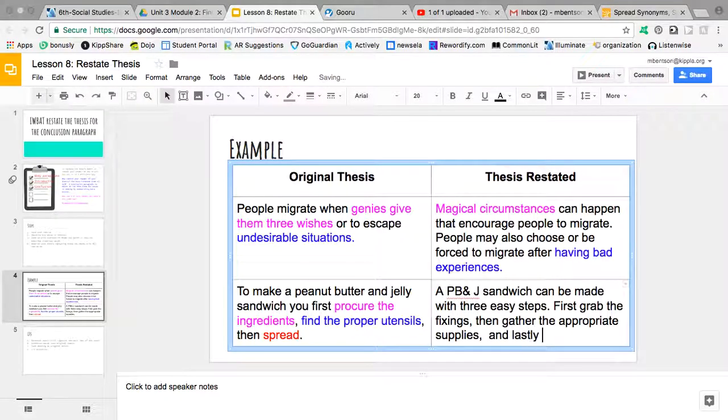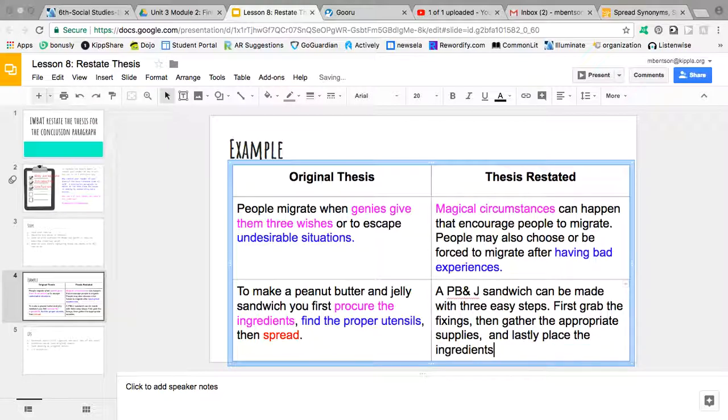And lastly, put the ingredients together, which is essentially the same thing as spreading. So there you have it. Original thesis, finding keywords or phrases, using a thesaurus or my own prior knowledge to describe or replace those words, and here's my thesis restated.